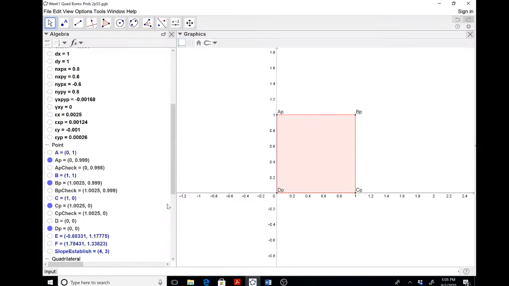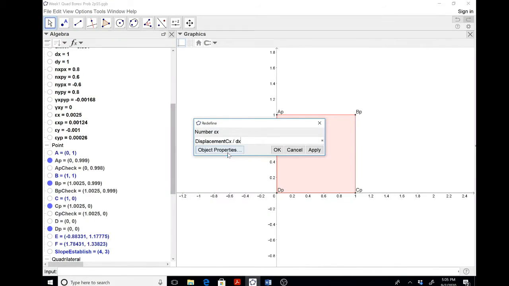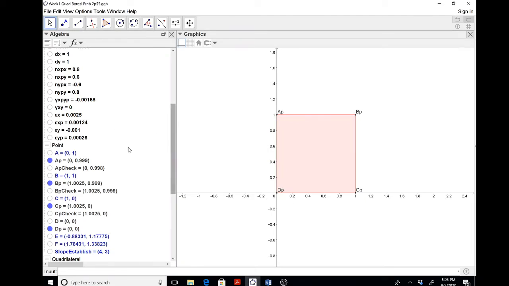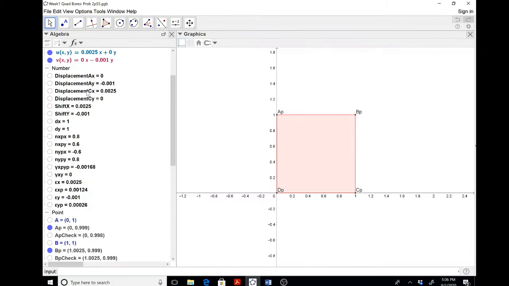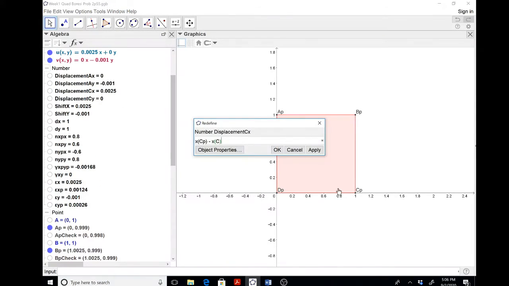So how did I do that in GeoGebra? So I said epsilon x is the displacement cx divided by dx. So what I'm looking at here is the displacement cx divided by this original length. And remember, I just said what the displacement of cx is. It's C prime minus C.